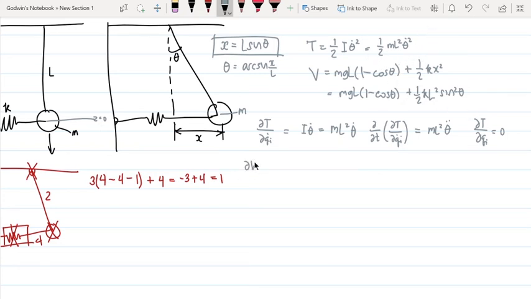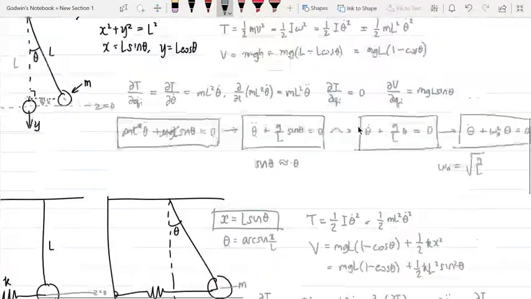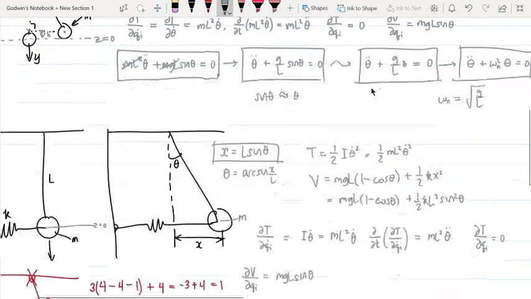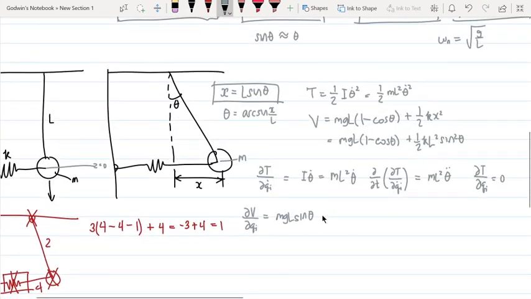The only thing we're going to have a hard time doing is the partial of potential energy with respect to our generalized coordinate. So we'll do this first, our mgl sine theta, which alam na natin from before, right? But there's this thing, 1/2 kl squared sine squared theta. And so what's the derivative of sine squared theta with respect to theta?